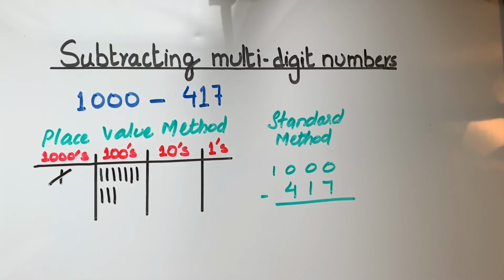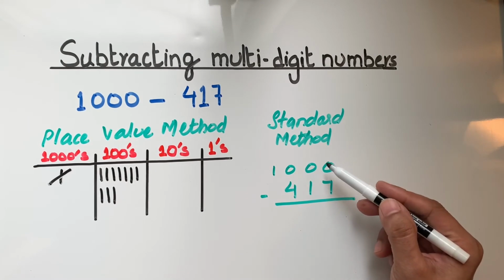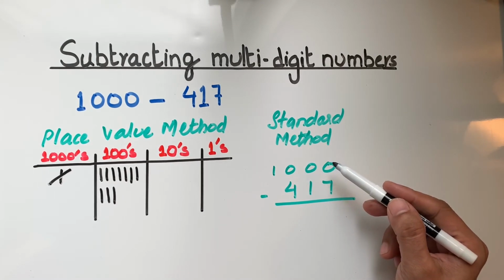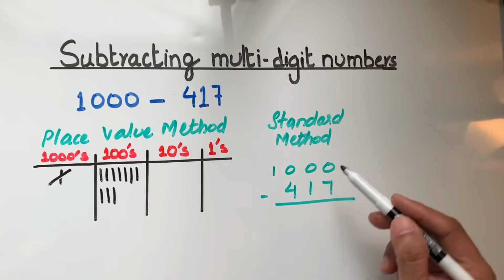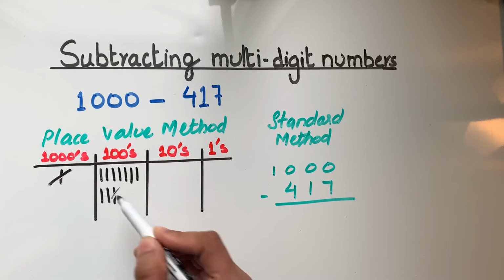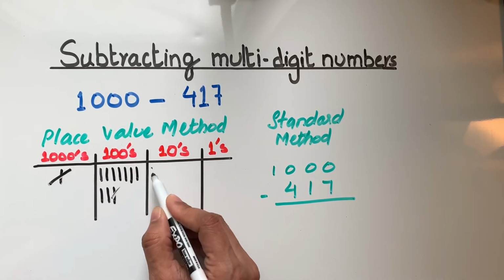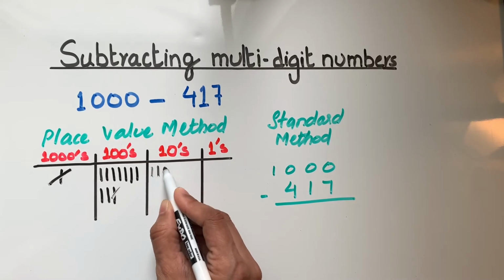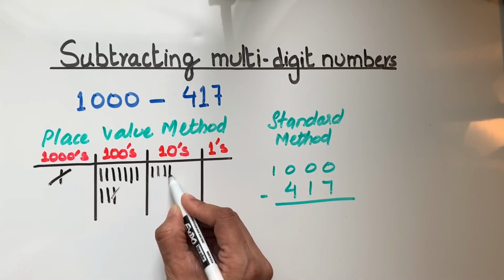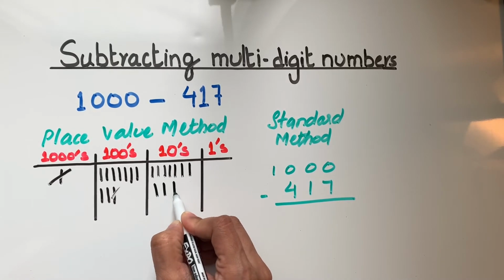Now I think you understand the exact idea behind this standard method of subtraction, how we are regrouping. In fact, we are taking that 1000 and saying that it is 10 hundreds, and then we take one of those hundreds and give it to tens. 100 equals 10 tens. 1, 2, 3, 4, 5, 6, 7, 8, 9, 10.